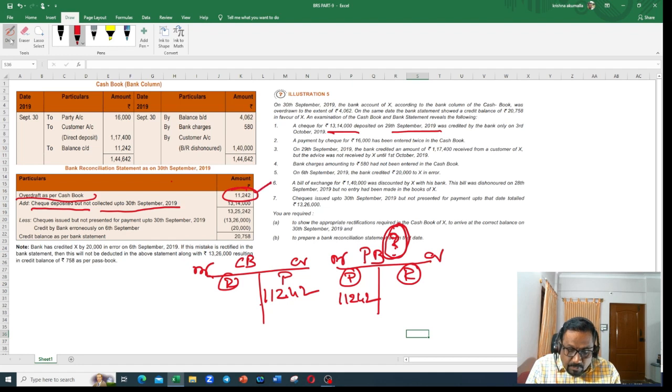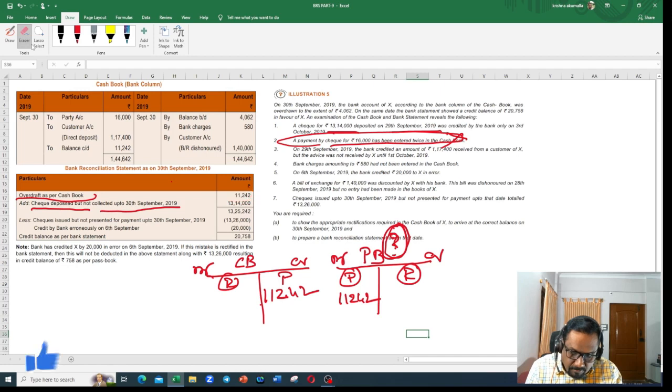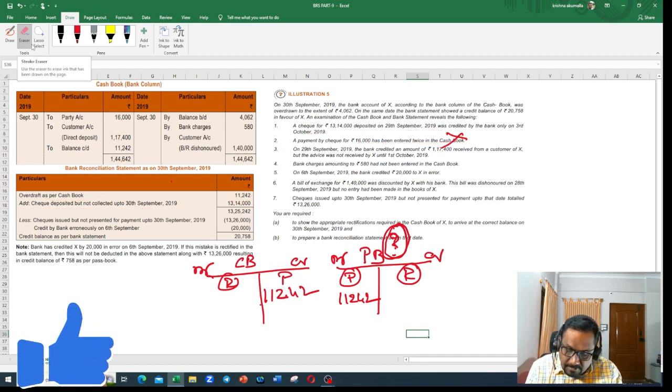This adjusted cash book balance is inclusive of this amount. This adjustment is already adjusted and we arrived at this balance. So you don't require to consider this in the reconciliation because it is already adjusted in the cash book, and I took the adjusted cash book balance only for reconciliation purposes, so you don't require to take that. Are you clear now? Next.